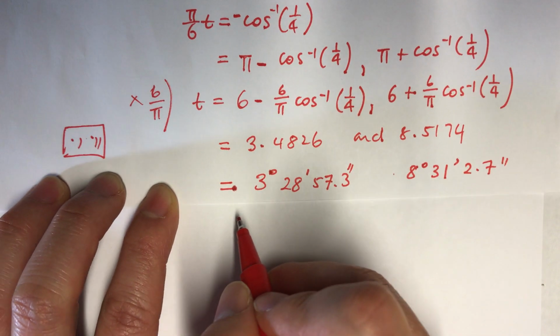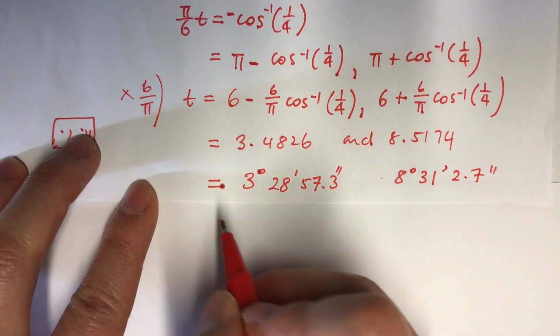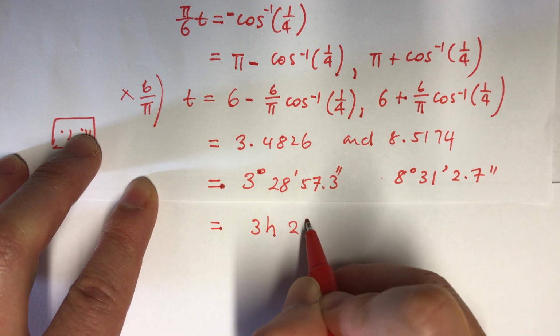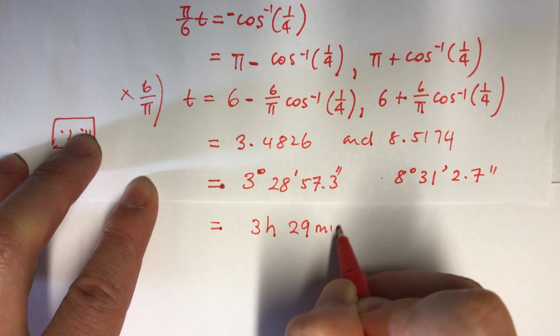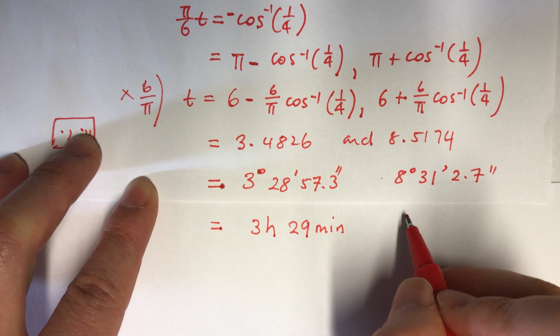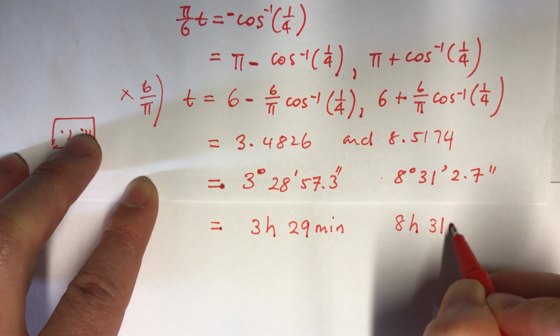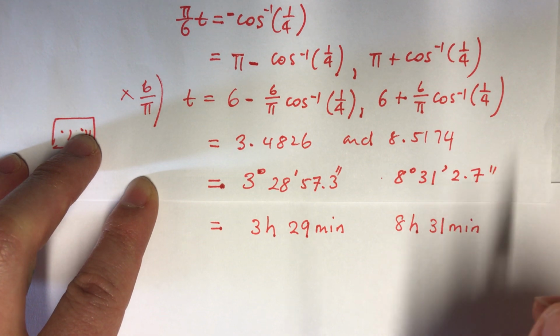So if I change this into hours, it'll be 3 hours 29 minutes, because that goes rounded up. This one though, it's 8 hours 31 minutes, because that's less than 30.